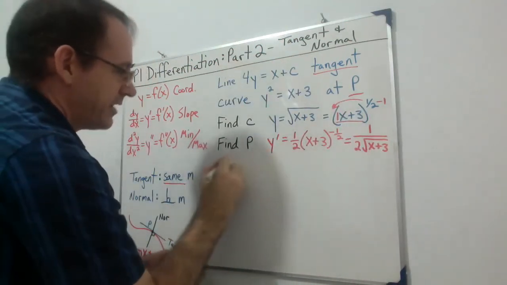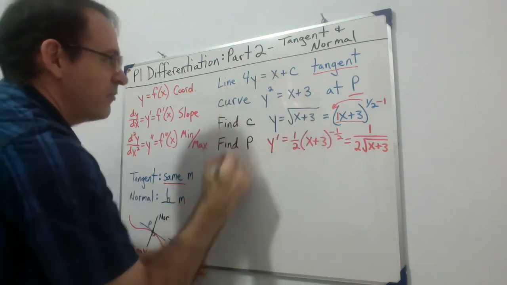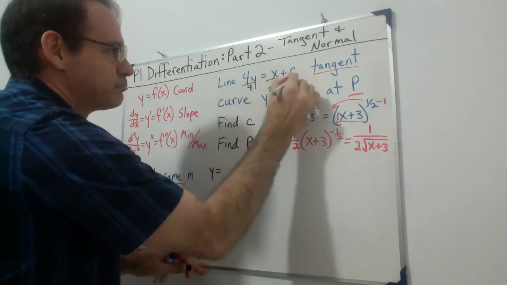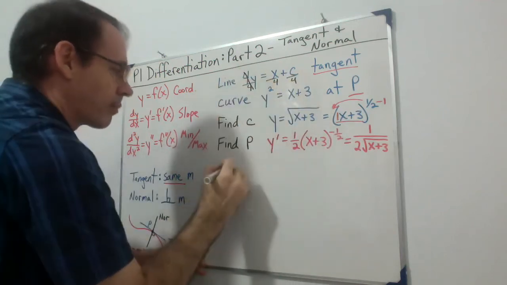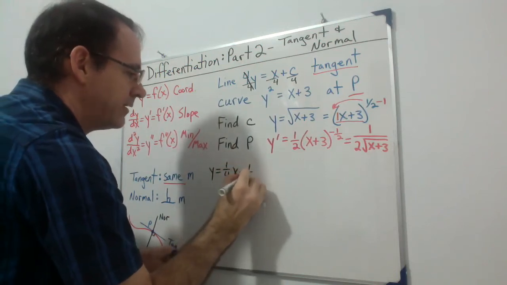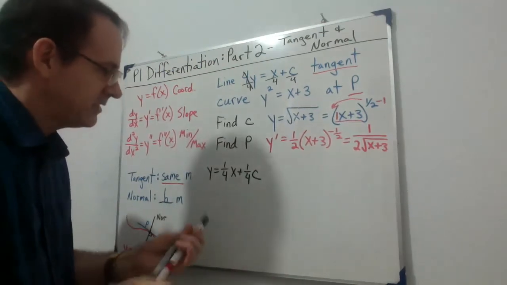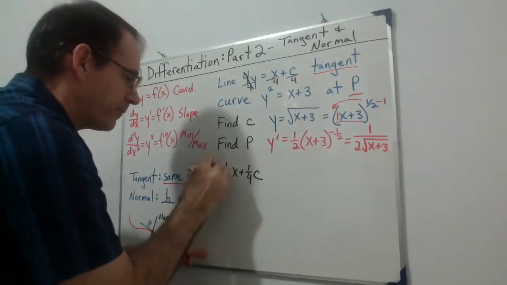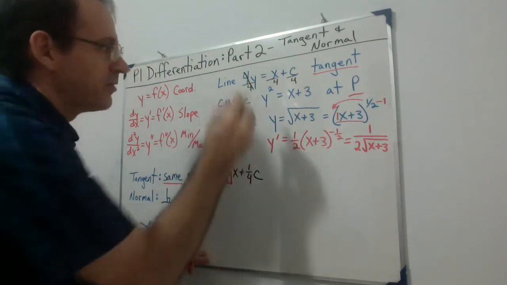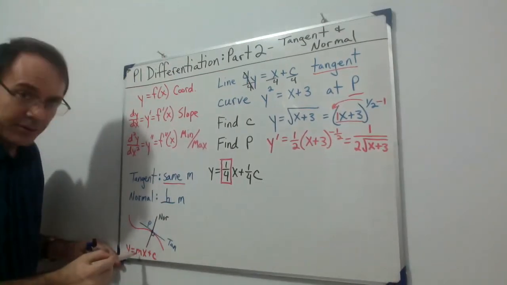Let's rearrange that to y equals, divide by 4, 1/4 x plus 1/4 c. So here we can see that the slope is 1/4. The slope of our tangent line is 1/4.